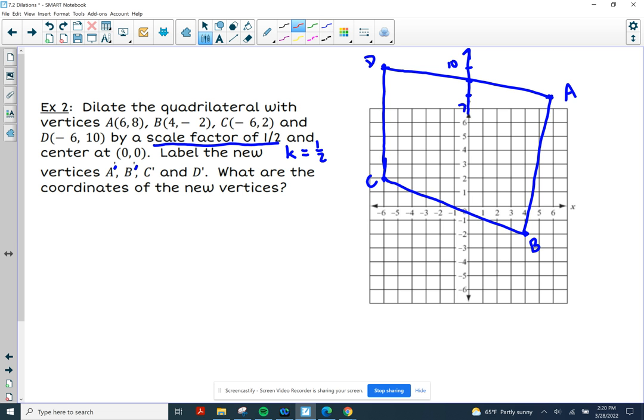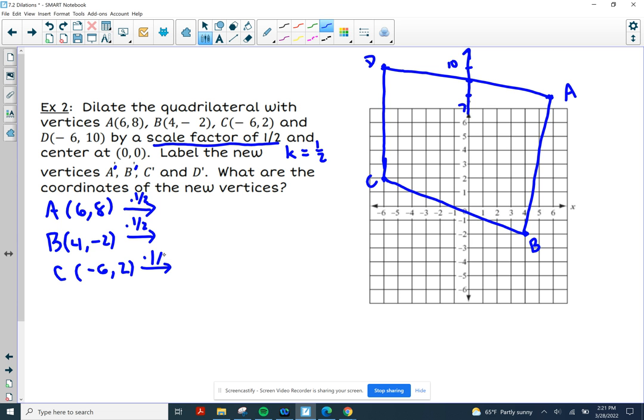Okay, we're going to go ahead and list these points. A is 6, 8. We're going to multiply by a half. B is the point 4, negative 2. We're going to multiply by a half. C is the point negative 6, positive 2.